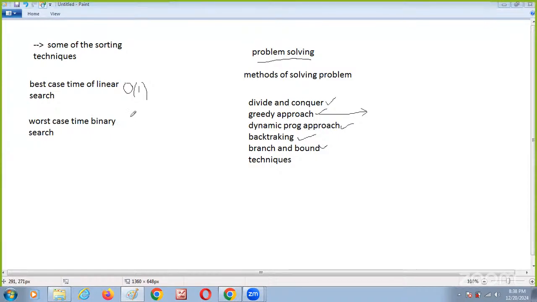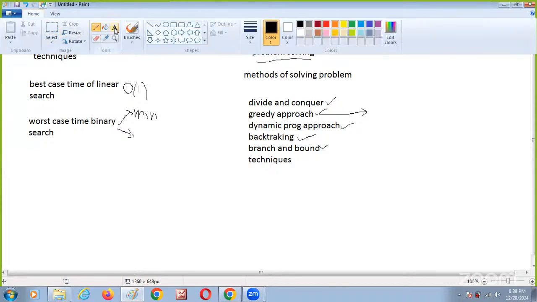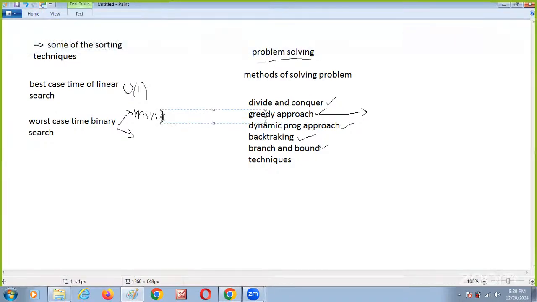In this we have taken minimum as well as maximum. What is the minimum case? The minimum case is if the tree is a balanced binary search tree.